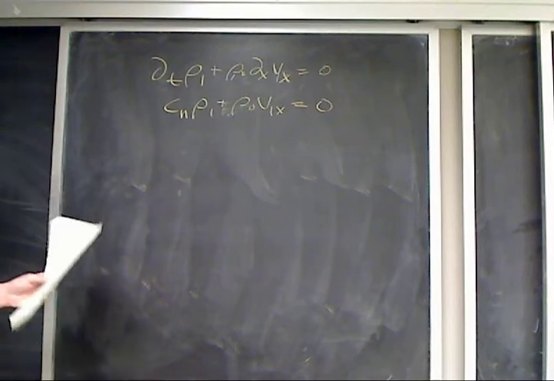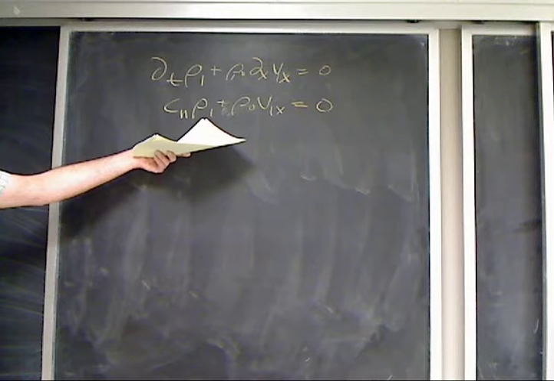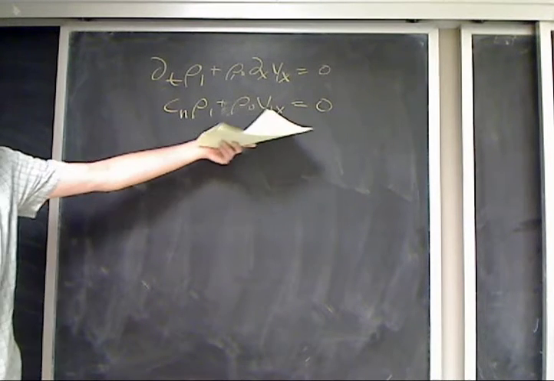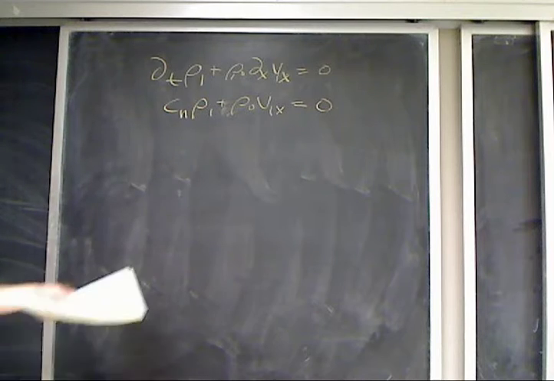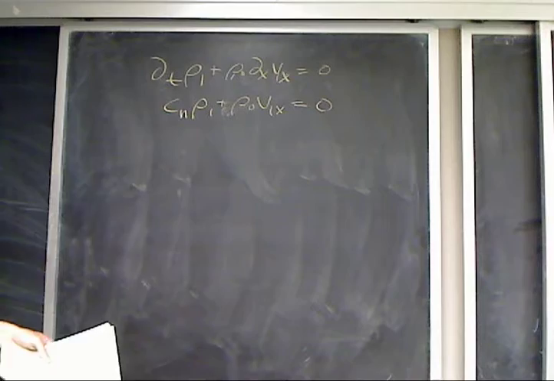Now I got a simpler equation. That's just a velocity times my perturbed density plus rho naught v1 equals 0.